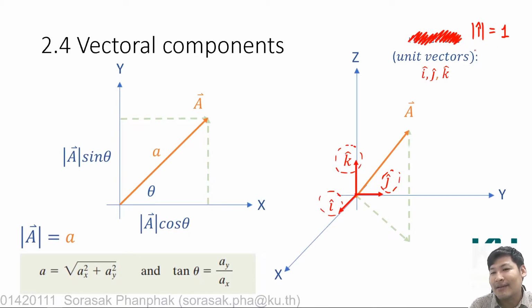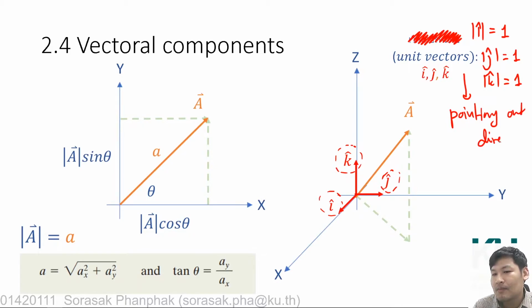That means this i hat, j hat, and k hat has size equal to 1. There's no size to this vector; its only function is to point out direction. So i hat represents one unit of vector pointing in the x direction, j hat is for the y direction, and k hat is for the z direction.